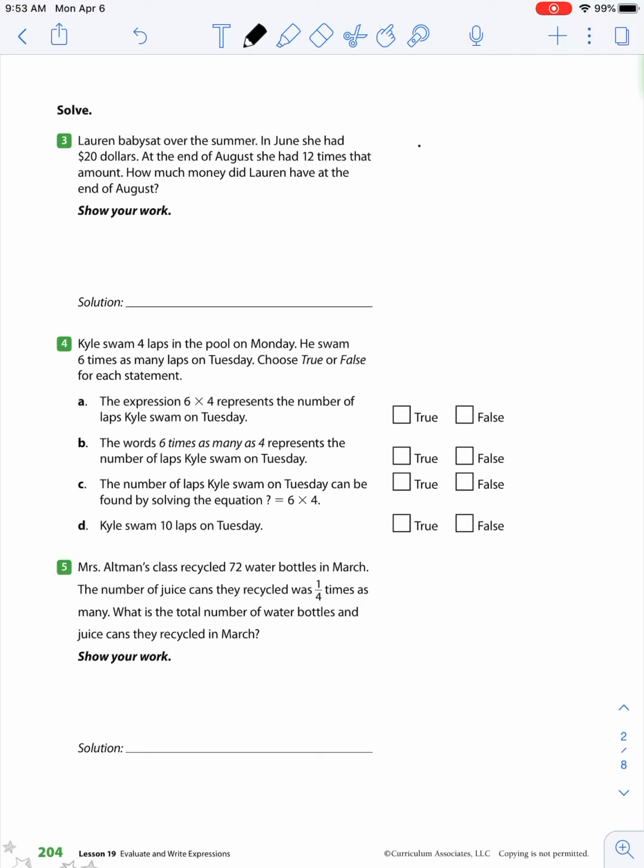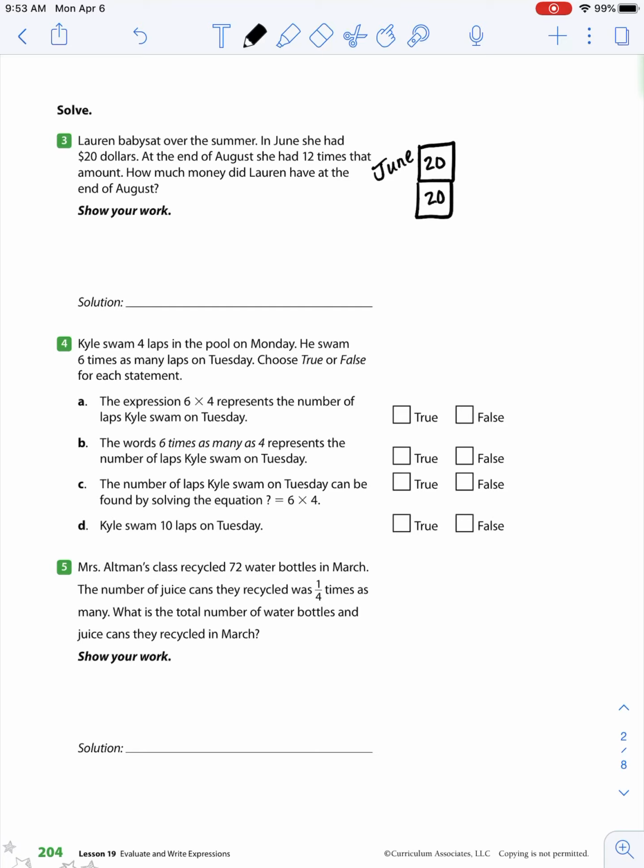I know that in June she had $20. So I'm going to go ahead and put that here. But I know that by the end of August, she had 12 times that amount. So if I come down here and make another June, oh my goodness.